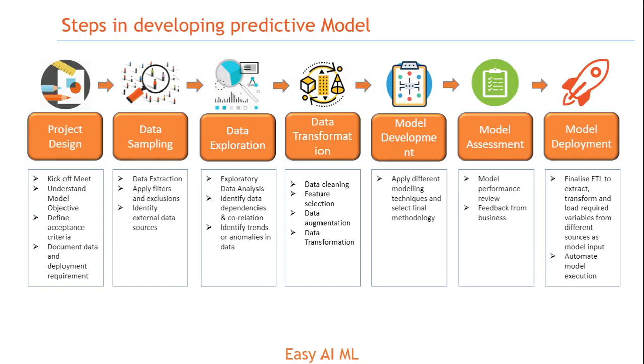This is to ensure data type is in sync, like numbers, string, etc. So data exploration is to understand the data behavior, and in case there is any anomaly, that needs to be corrected before moving ahead to the next step.